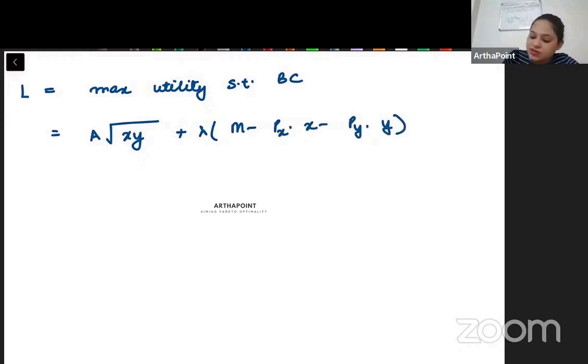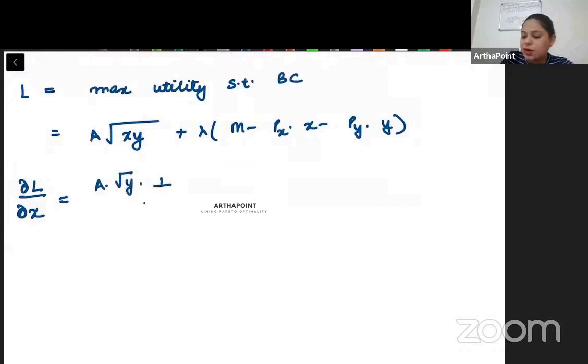This is what is there, right? So if I just differentiate this with respect to X, I will get A. So basically, you could have done it through the third method also, where you would have equated MRS to PX by PY. These are all synonymous. We have done it multiple times in class. They're all equivalent to each other. So root Y into 1 by 2 root X plus lambda into minus PX equal to 0.